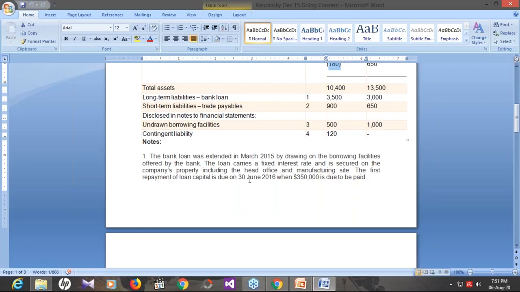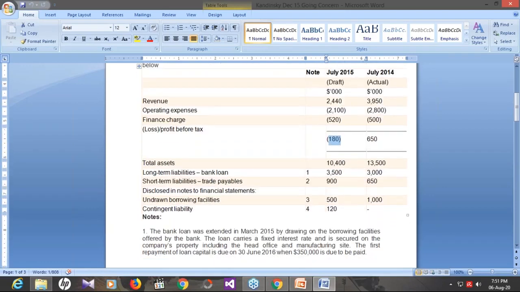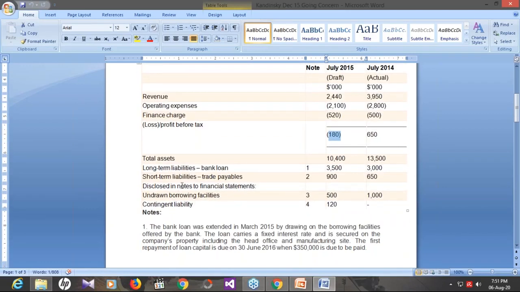So how are you going to write the point? First of all, you need to go back to the financial information and see the change in the long-term liabilities. We discussed note number 1 related to long-term liabilities. We can see there is an increase of 500,000 this year in long-term liabilities. So what is the percentage of increase?